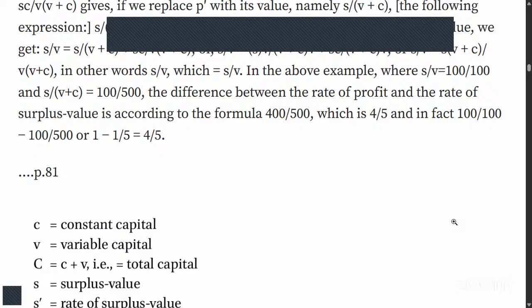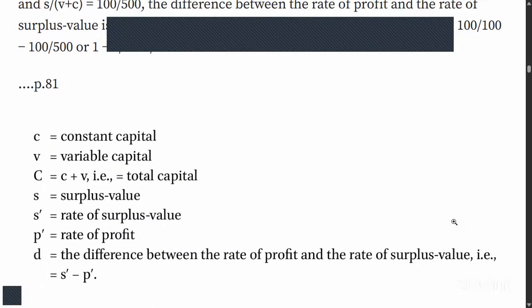The point is that we have certain variables defined, or at least identified. Lowercase c equals constant capital. Lowercase v equals variable capital. Capital C, big C, equals c plus lowercase v, i.e. equals total capital. Lowercase s equals surplus value. Lowercase s prime equals the rate of surplus value.